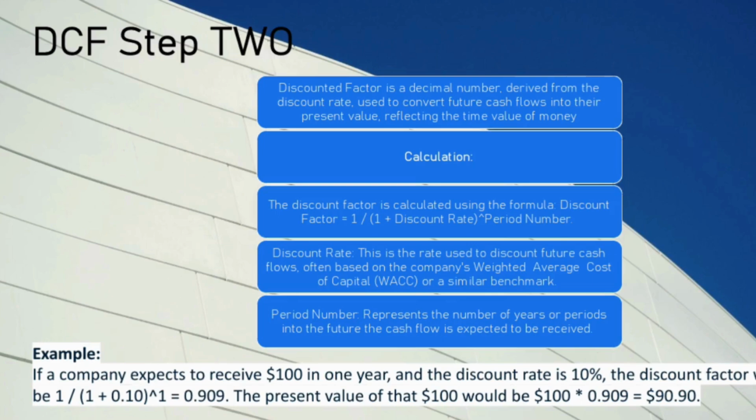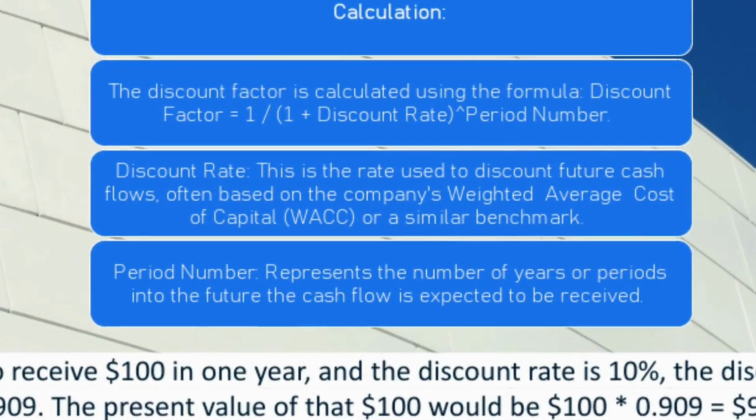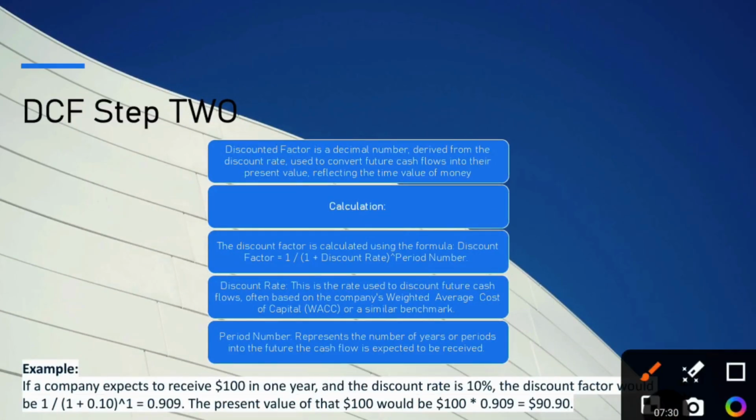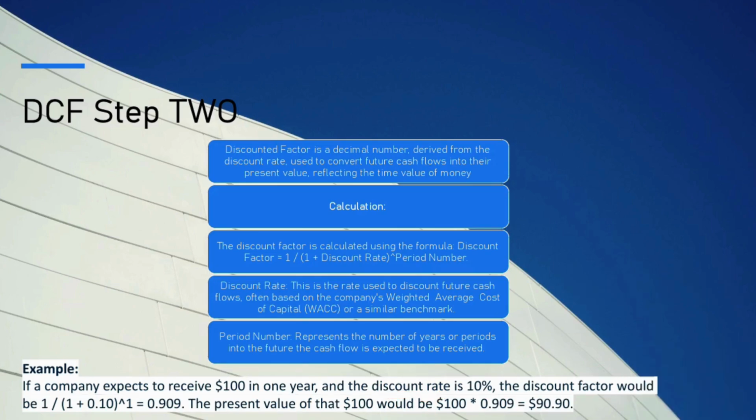The present value of the $100 in today's sense is $90.90. Here the discount rate is the WACC. Let's move to the next one.